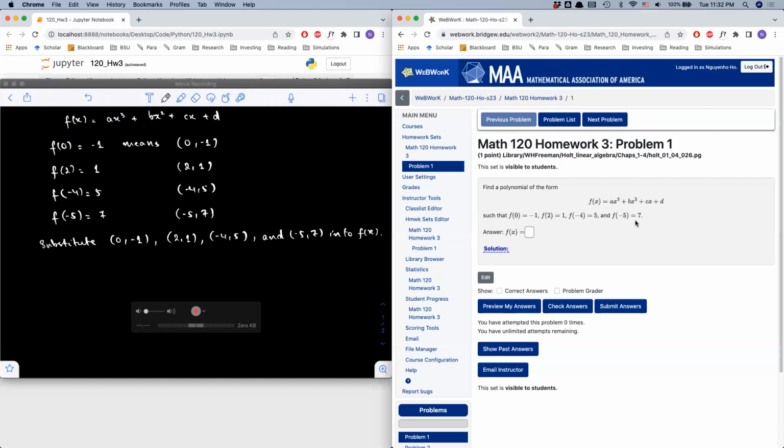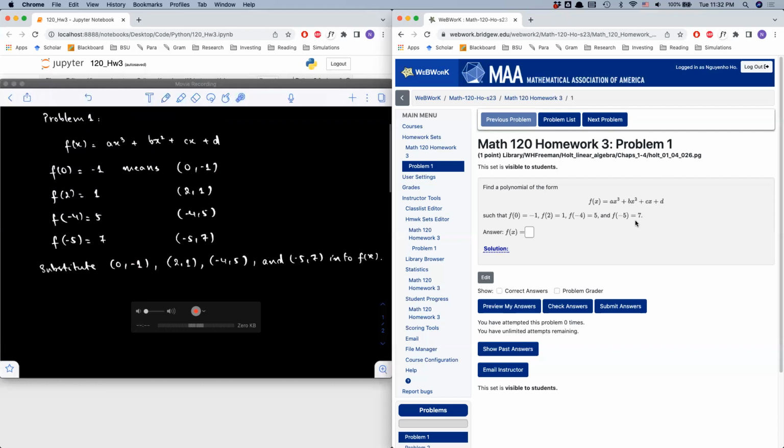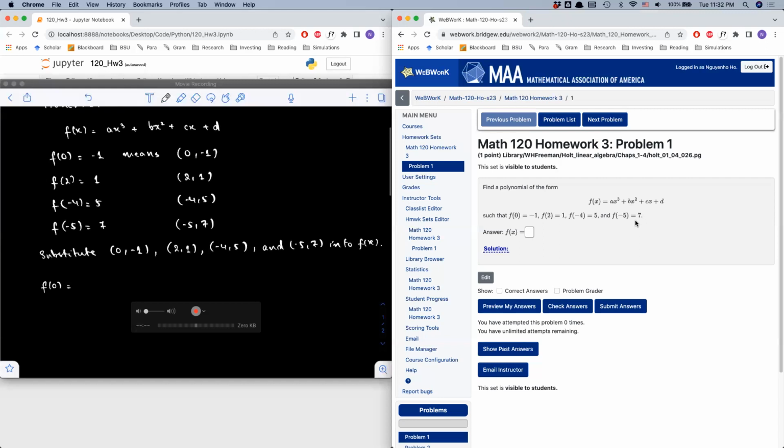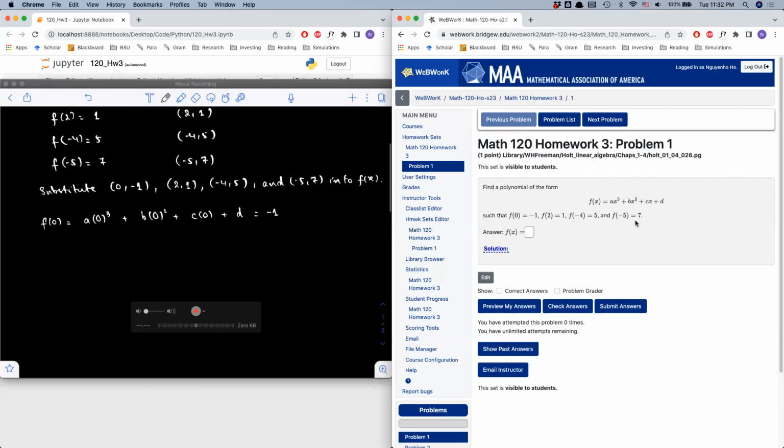So substitute the first point 0, comma -1 into the function and you get f of 0 equal to a times 0 cubed plus b times 0 squared plus c times 0 plus d, and that is equal to the output, which is -1. So you have the first equation.